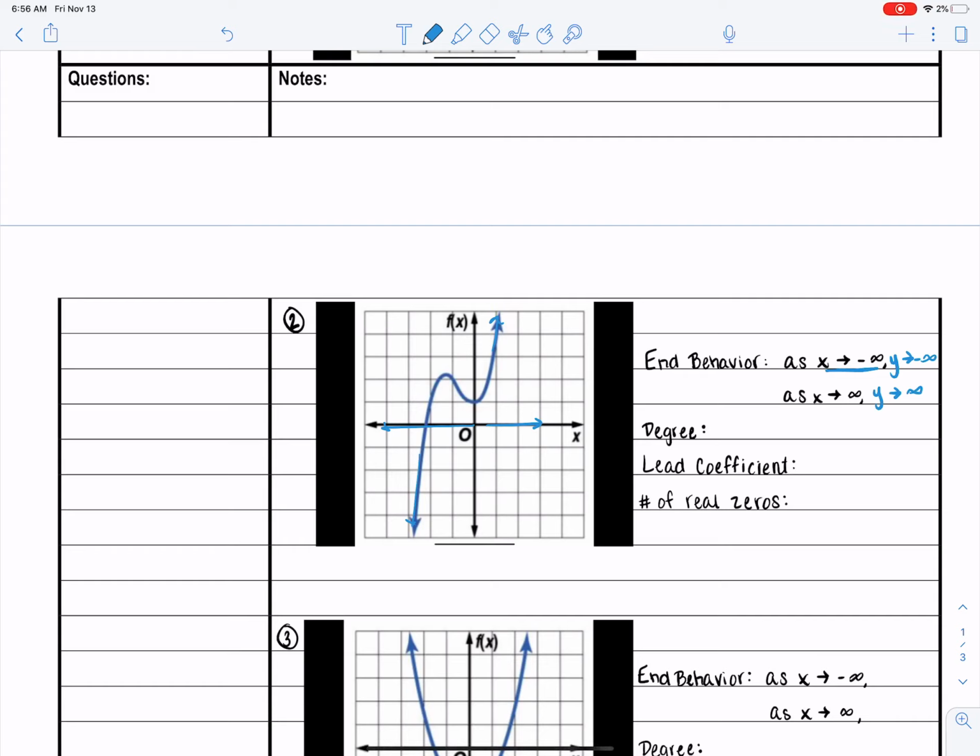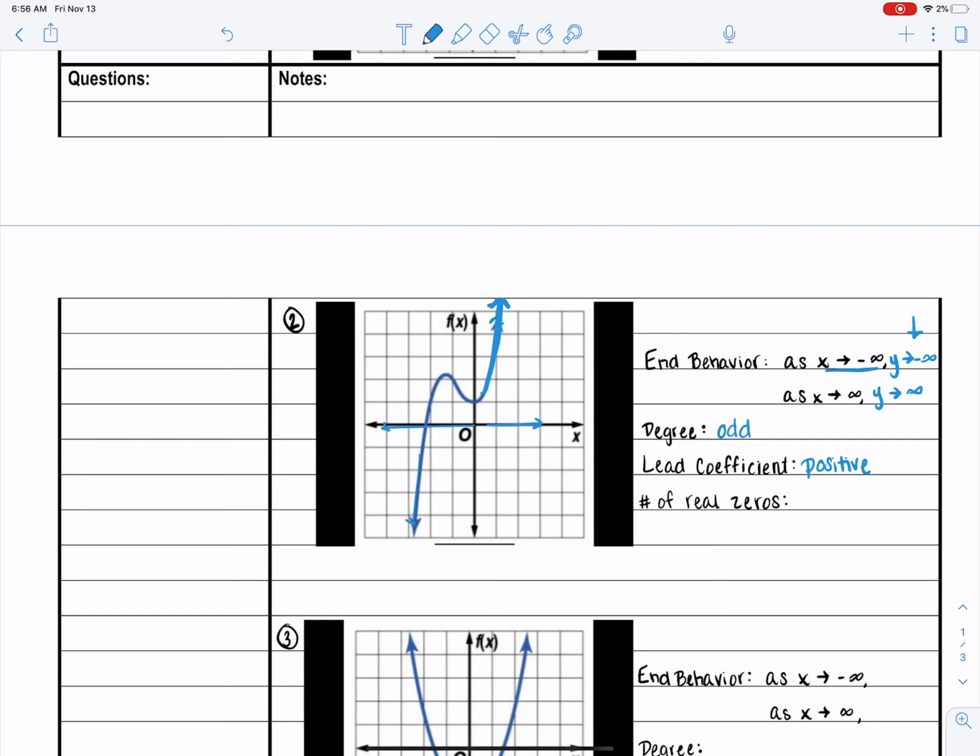The degree of this graph has to be an odd number, because the end behaviors, the y's, are going in opposite directions. The lead coefficient, I only look to the right side of my graph. The right side of my graph ends going up, so the lead coefficient is a positive number.